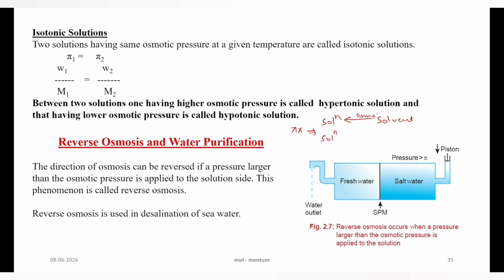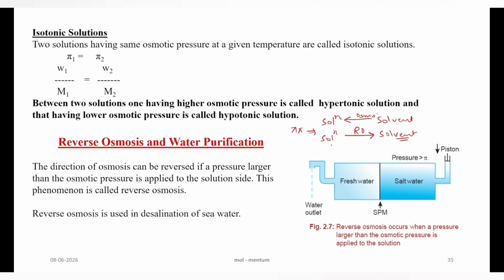This osmosis will not only stop, but it will occur in the opposite direction, because osmotic pressure is the amount of pressure needed to stop osmosis. But if the external pressure is even higher, then the process will start occurring in the reverse direction, and hence we say this is reverse osmosis.